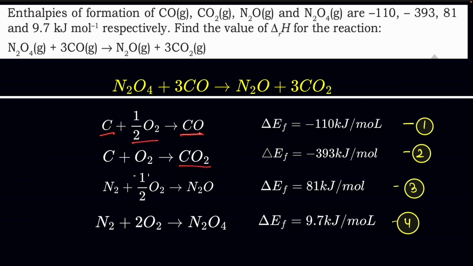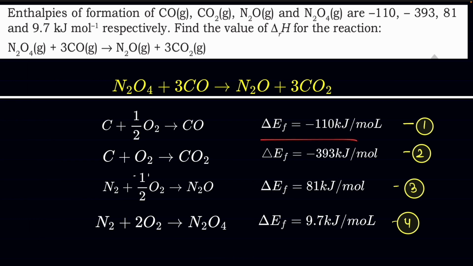Similarly, for formation of carbon dioxide, 1 mole of carbon reacts with 1 mole of oxygen and forms 1 mole of carbon dioxide. For N2O, nitrous oxide, N2 reacts with half of O2 and forms 1 mole of nitrous oxide. In the next one, 1 mole of nitrogen reacts with 2 moles of oxygen and forms 1 mole of dinitrogen tetraoxide. And these are the enthalpies given.